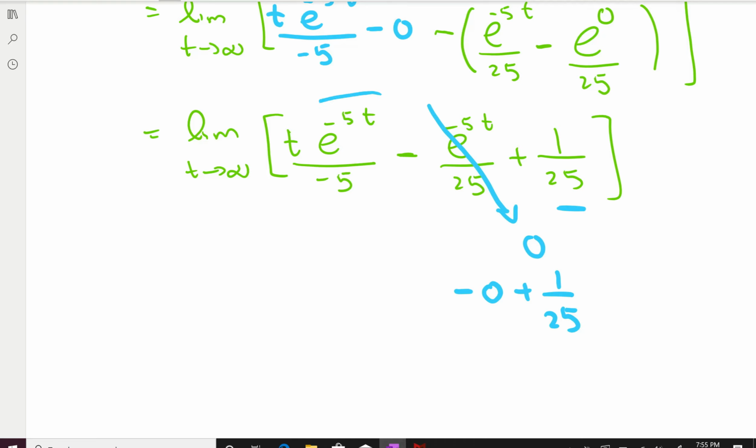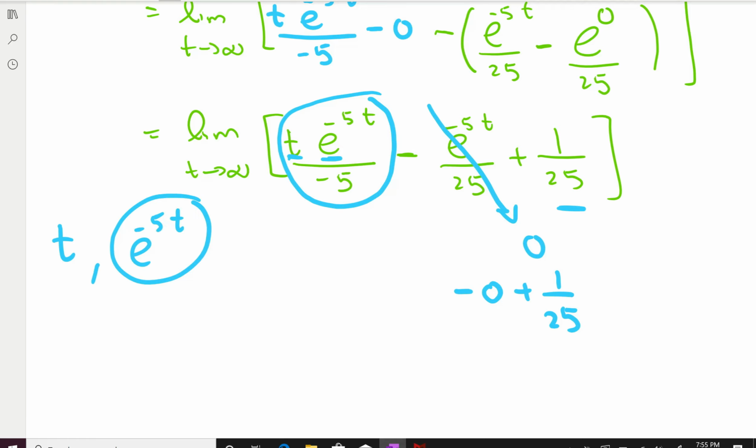How about the limit of this term when t goes to infinity? Well, t goes to infinity, but e to the negative 5t goes to 0. The exponential function goes to 0 fast. So when you compare t and e to the negative 5t, e to the negative 5t goes to 0 faster than t goes to infinity.